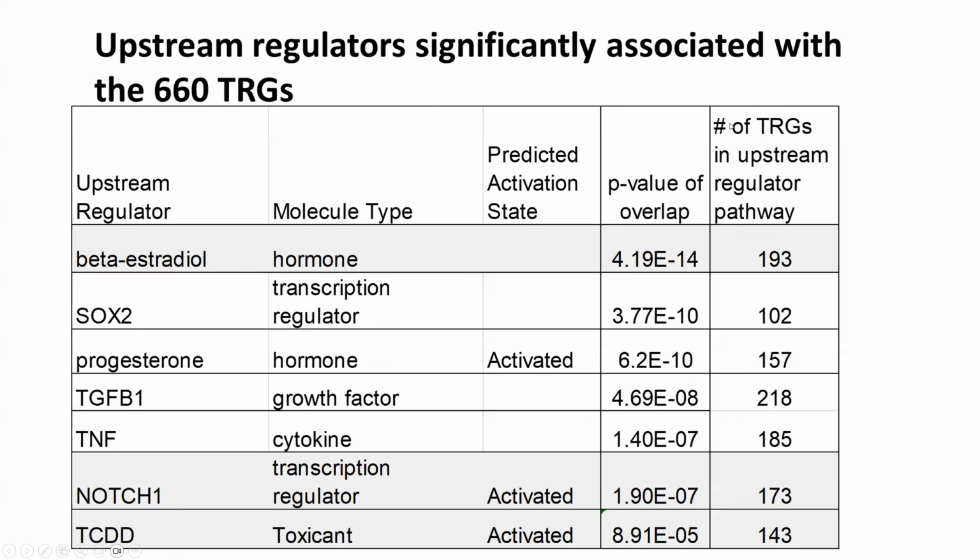So the analysis is identifying 143 genes within the 660 that are being changed that are already shown to be associated with the TCD pathway. And that's statistically significant, so that is a nice positive control. It's also known that TCD interacts with the estrogen pathway, and that's highlighted here.